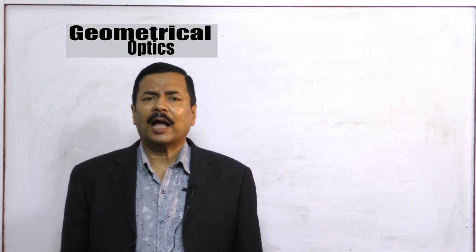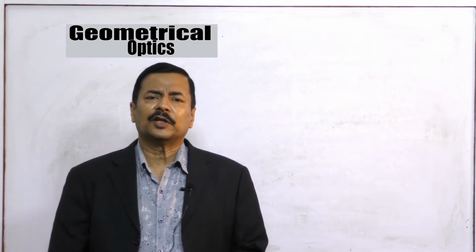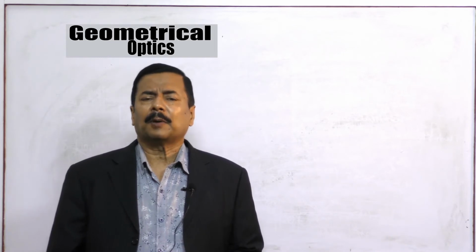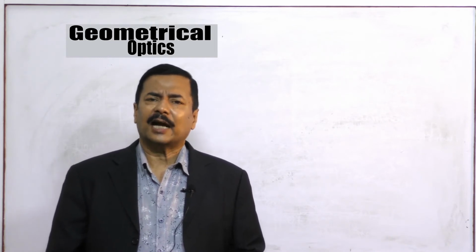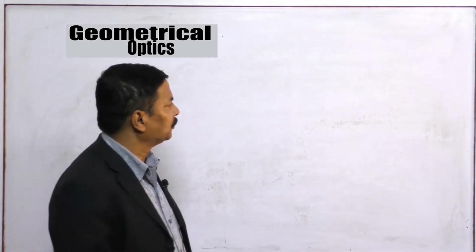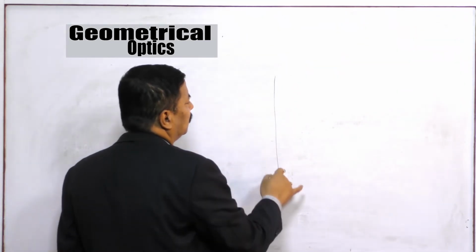Now I would like to give one more example in which the use of geometry is there. Basically it is the property of similar triangles, that the sides are proportional, that we will be using in this question. Suppose there is a wall.